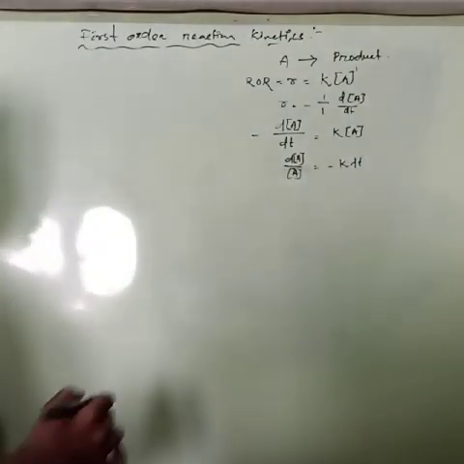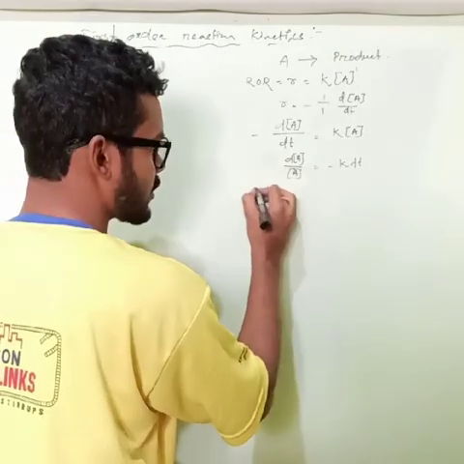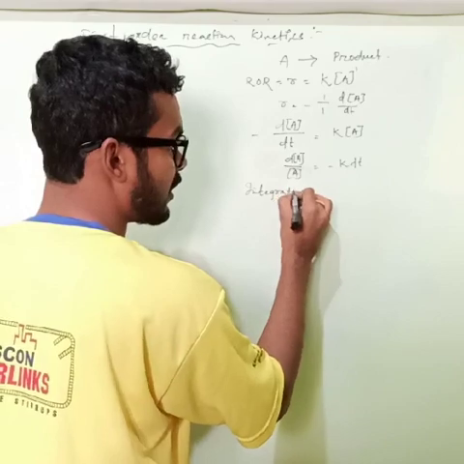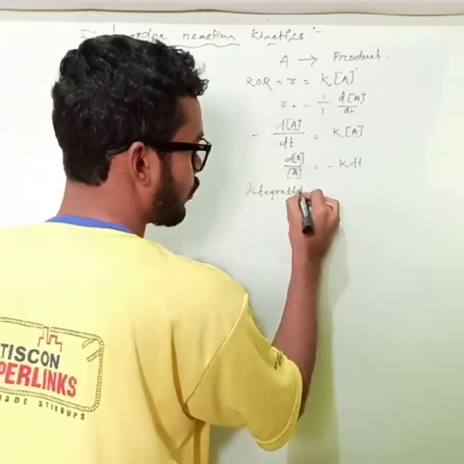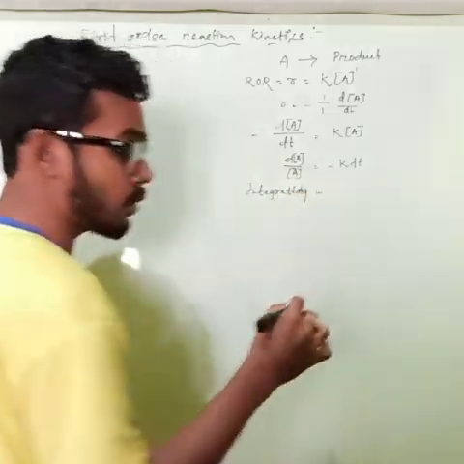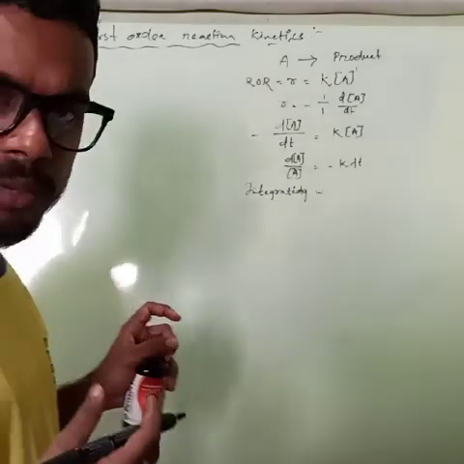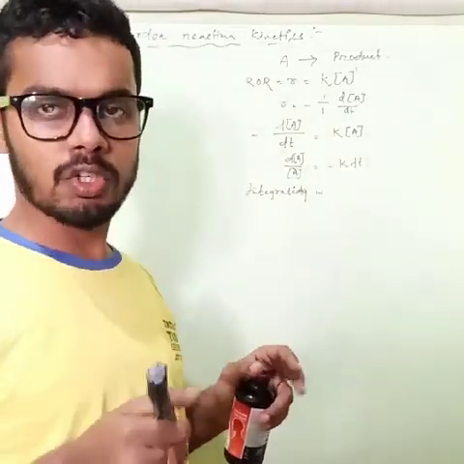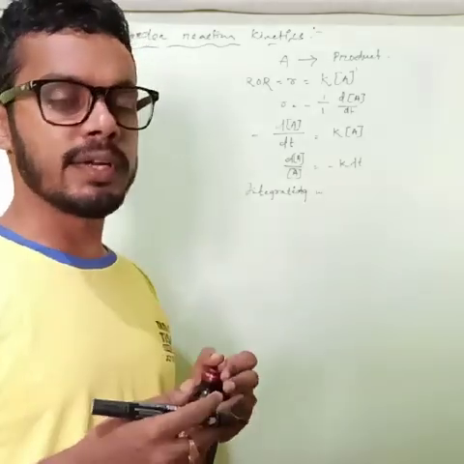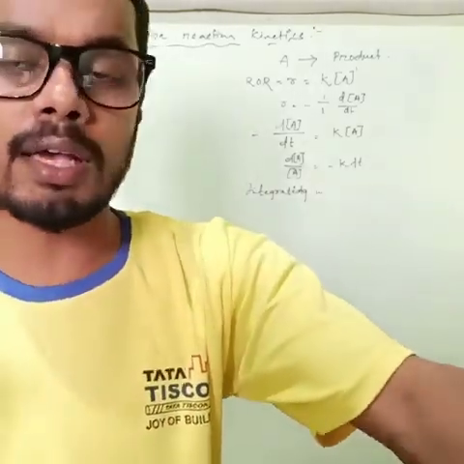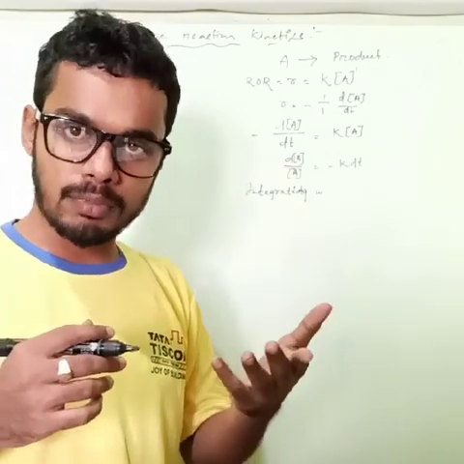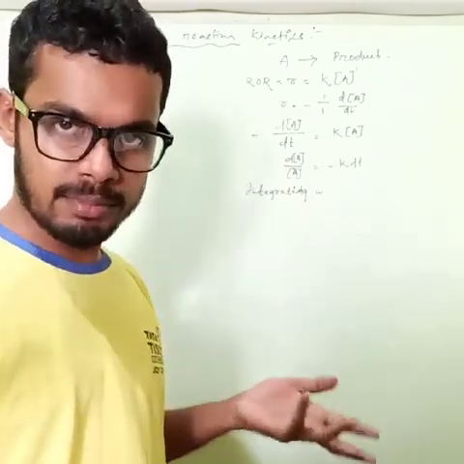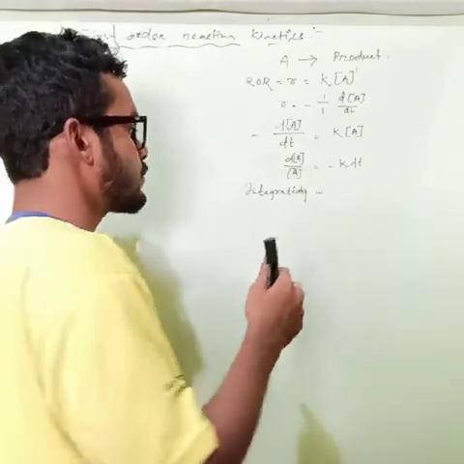So integrating both the sides. Why are we integrating? Because we need the kinetics in each step, what concentration has been consumed. Suppose a first order reaction, and we need to calculate the consumption of concentration in unit time. So let's say 1 minute, 2 minutes, what is the consumption over time?